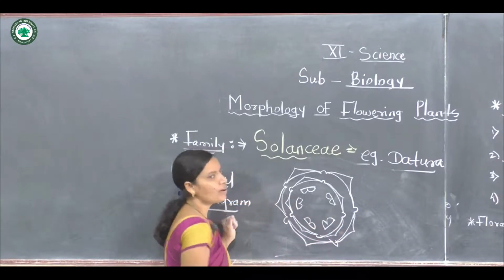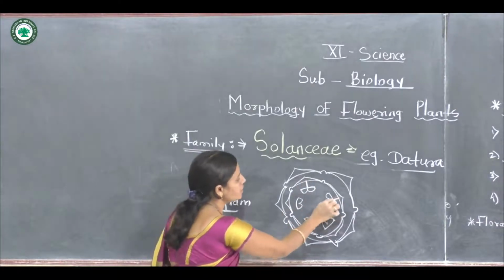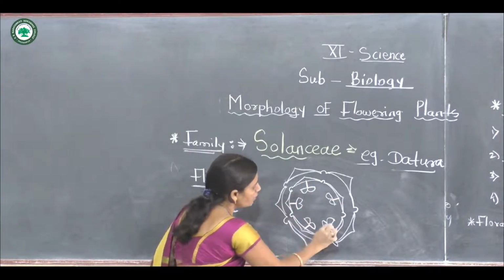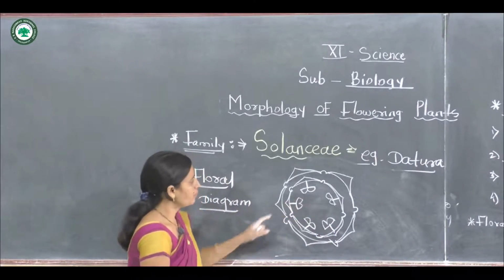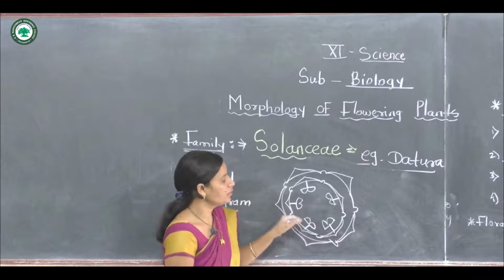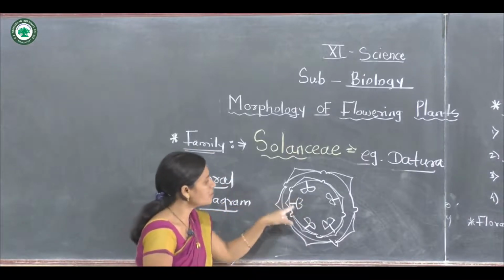In the Datura flower they are attached to the petals, and this condition is called epipetalous. This is the epipetalous condition in Datura. But in some flowers they are free. There are 5 androecium or stamens.